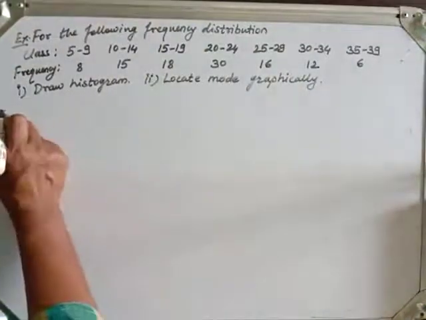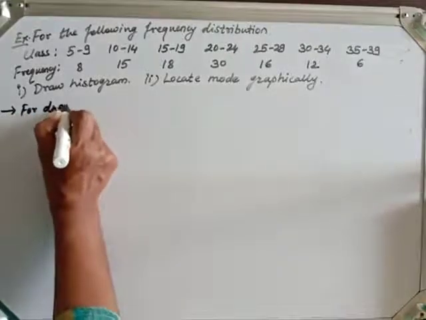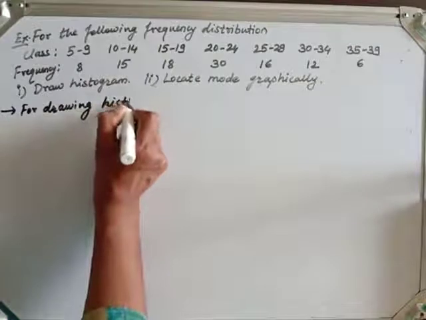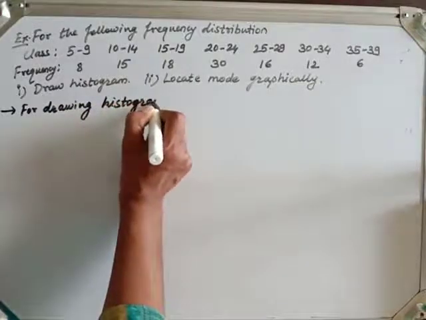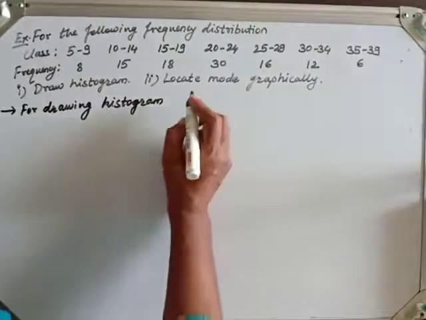The first part, for drawing the histogram: now the class intervals are not continuous, so first of all we need to make them continuous.